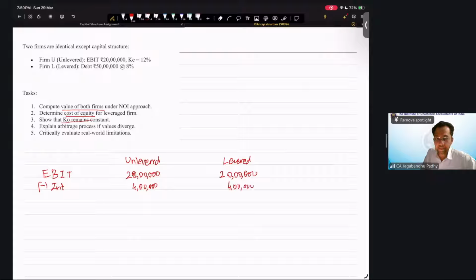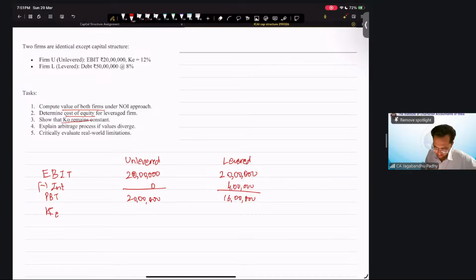Yeah, 4 lakh is the interest amount which we have in case of the levered firm. Unlevered firm doesn't have any. We have the PBT as 20 lakh and 16 lakh. No tax is applicable, but we know the KE. KE is going to be, for unlevered, 12%.